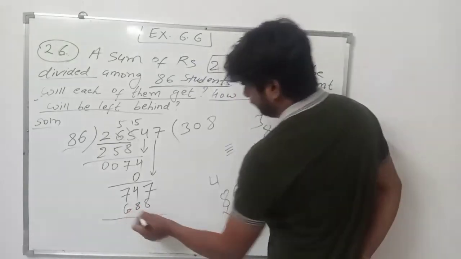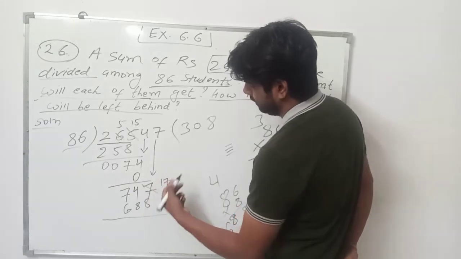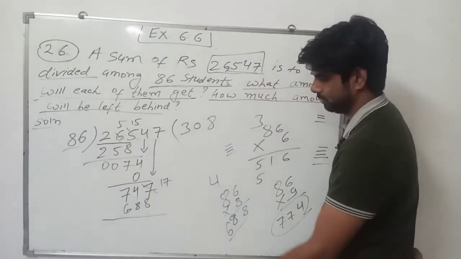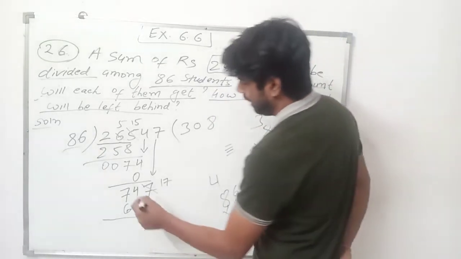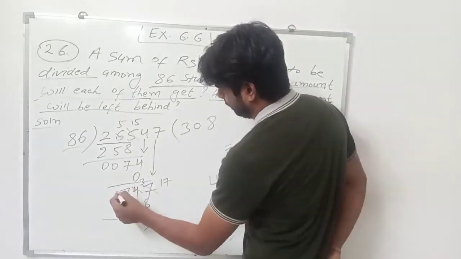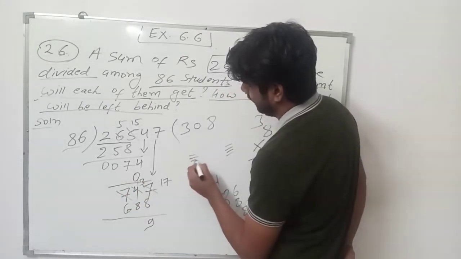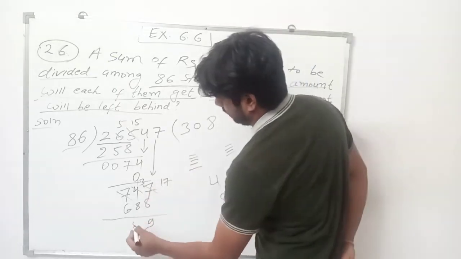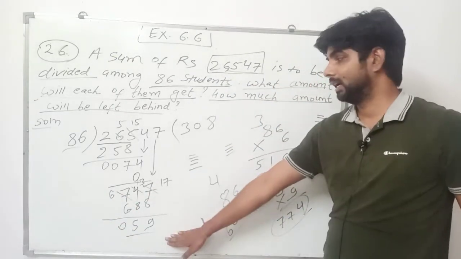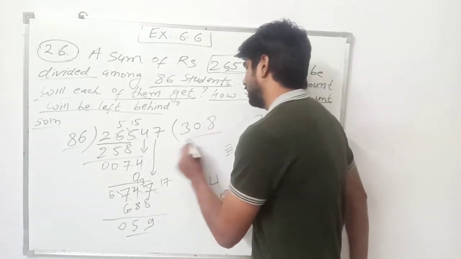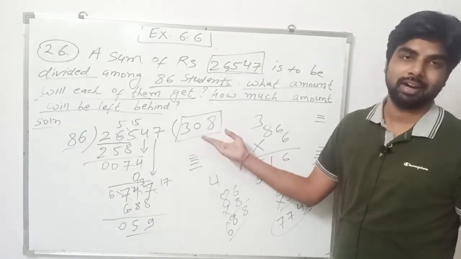Now let's see what we get after subtracting this. 17 minus 8 is 9, and this is 3. We will take 1 from this, it will be 8. 13 minus 8 is 5, and 6 minus 6 is 0. So we get 59. So what amount each student will get is 308.